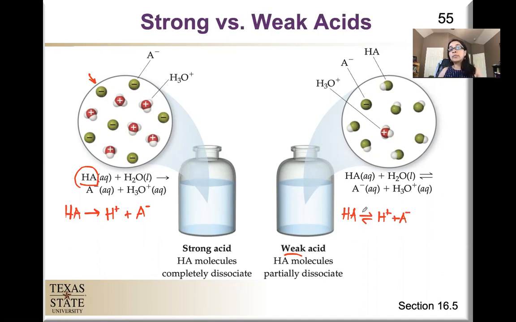This is an equilibrium process indicating that all these species are present. And you can see that in the molecular representation here, where some of the acid is in the molecular form, where the HA is combined, and some of the acid has dissociated into the anion and the respective hydrogen ion, which has combined with water to form hydronium ions.